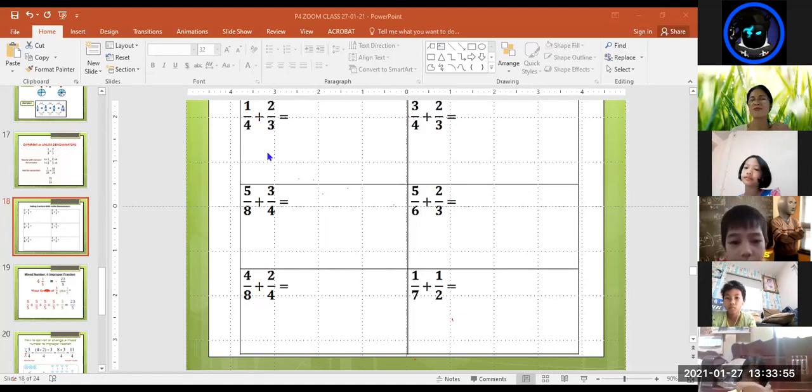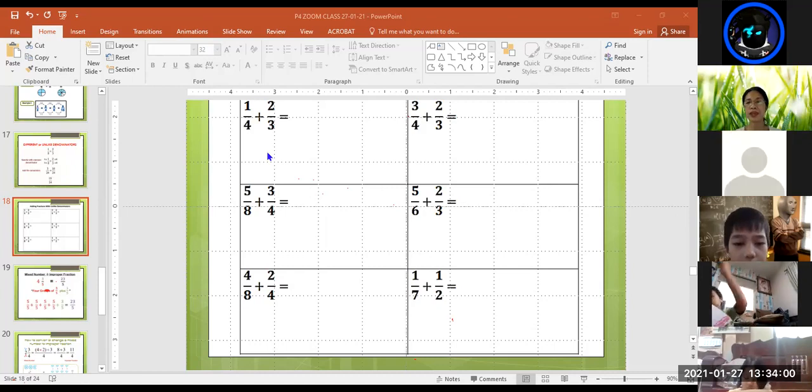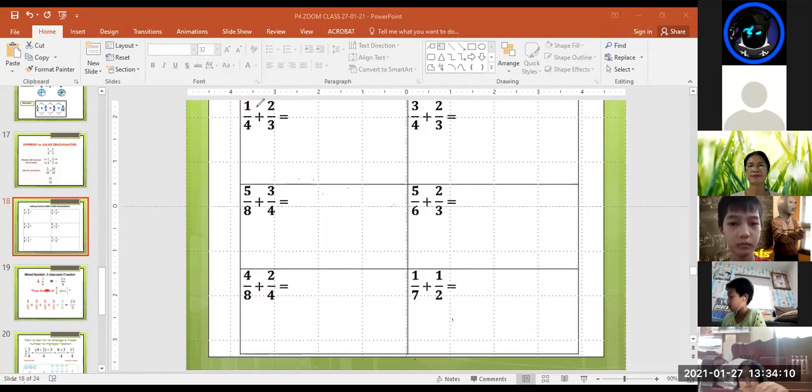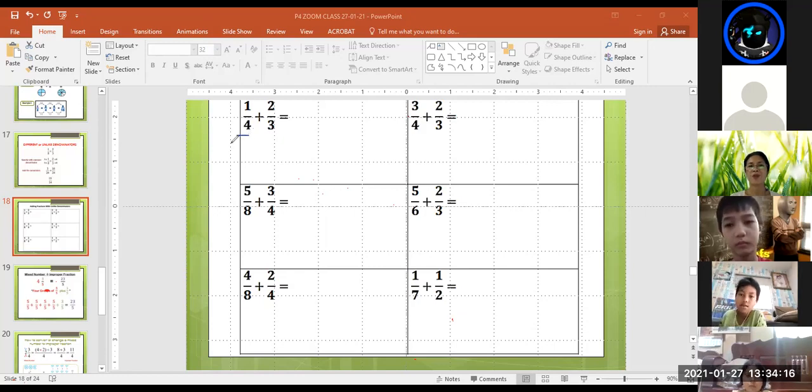Write this: 1/4 plus 2/3. So how are we going to do that? You will do the same, okay? So let's see. I will give you an example. Let's take 1/4. And we also take 2/3.